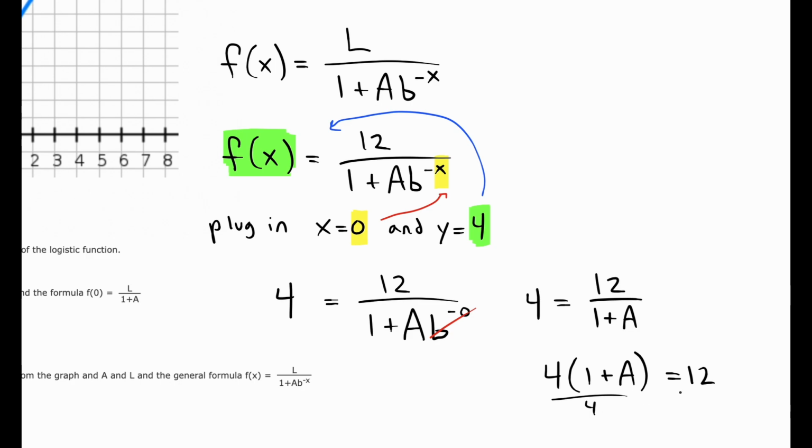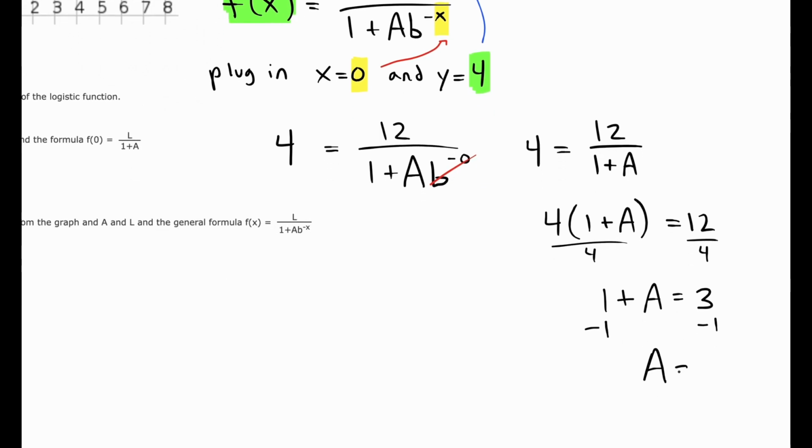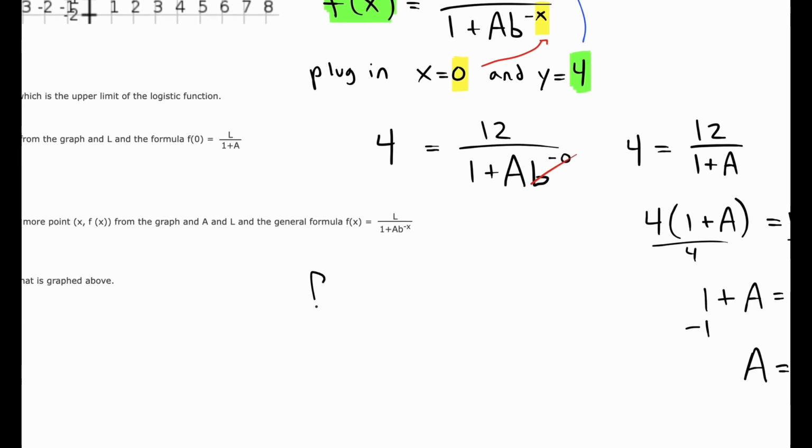Then I'll divide by 4. 1 plus A is 3. So we'll have that A is 2. At that point, our function becomes f of x equals 12 over 1 plus 2B to the negative x.